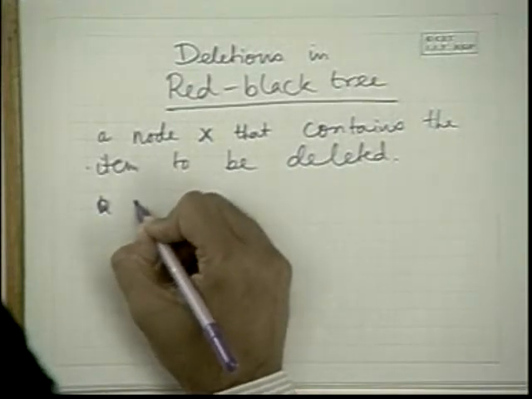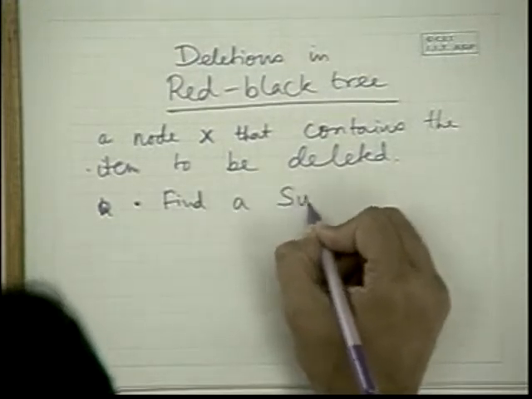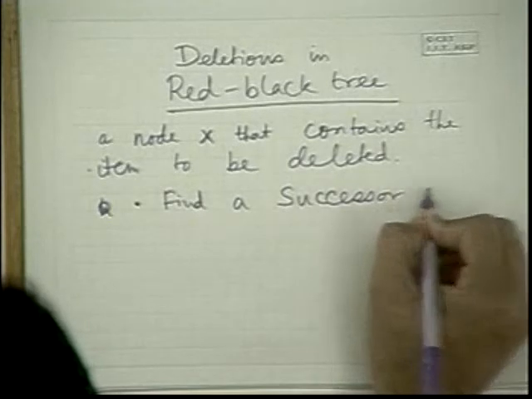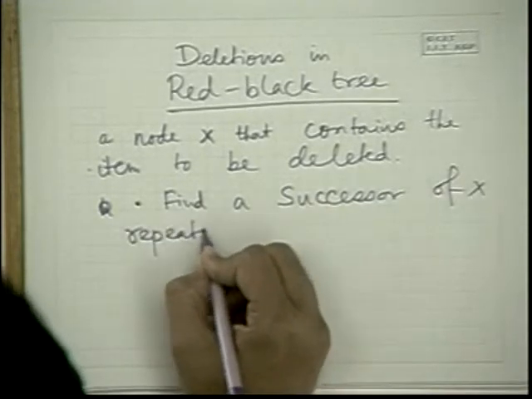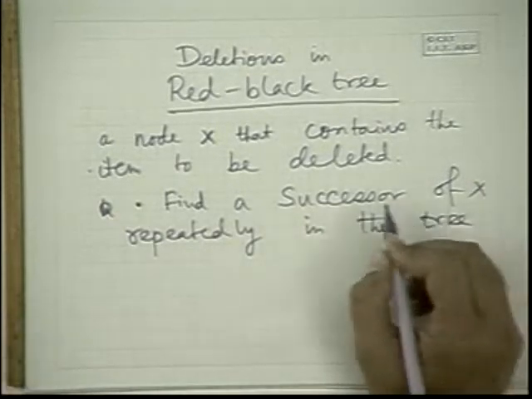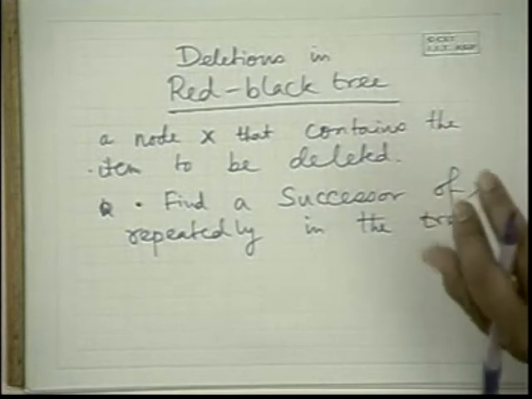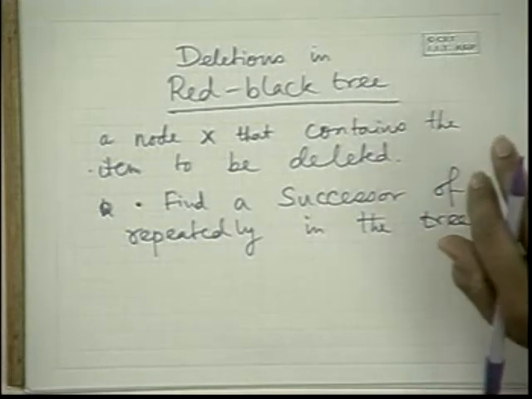So first thing is find a successor of x repeatedly in the tree. When you find, you also are exchanging the items between the element whose successor you are finding and the element which is in the successor.